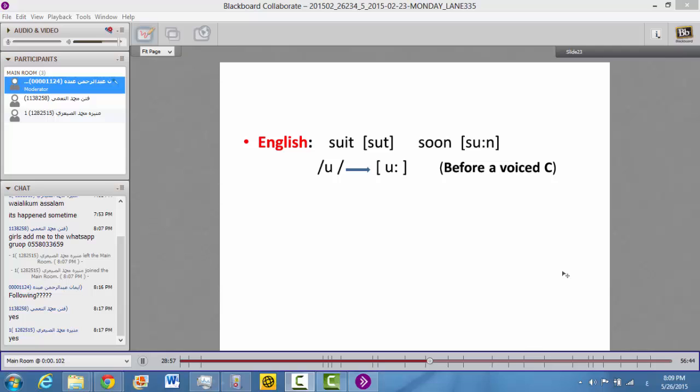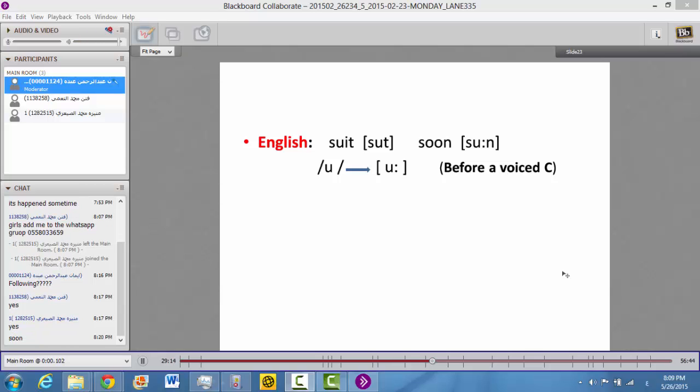Which is longer, the oo in suit or the oo in soon? Soon, yes, excellent, Munira. Soon.